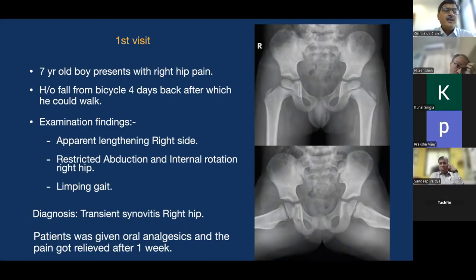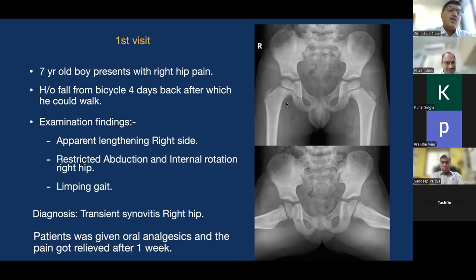Usually, Hitesh bhai, they come with pain, a recent limp and restriction of motion, and then the parents attribute that to some fall or injury. They say 4 days back he had a fall, but we typically ask whether he could walk after the fall.